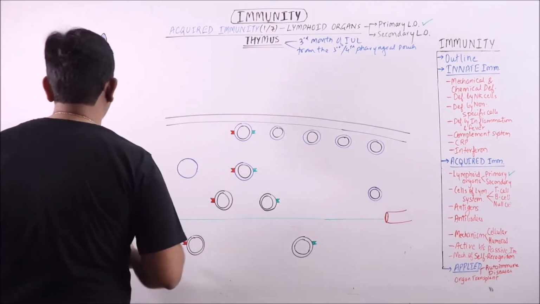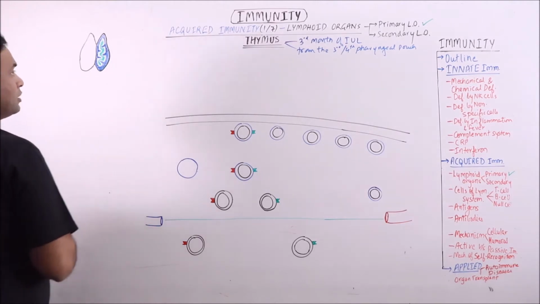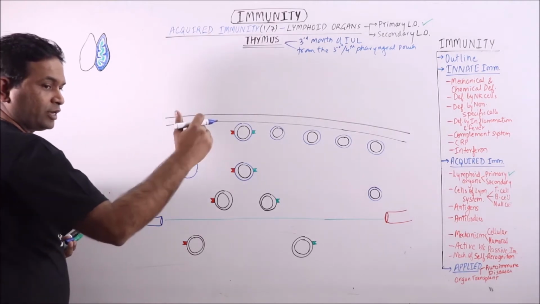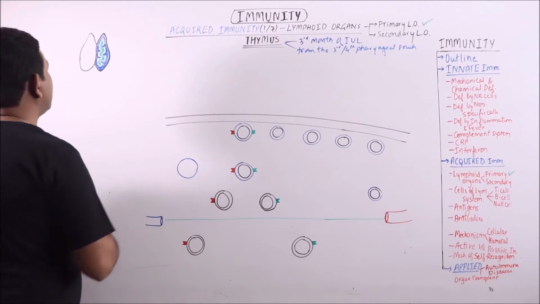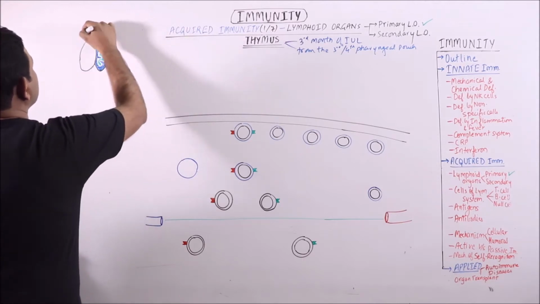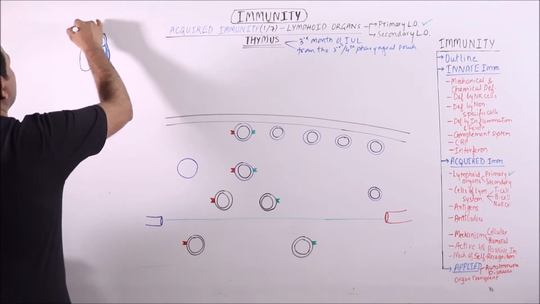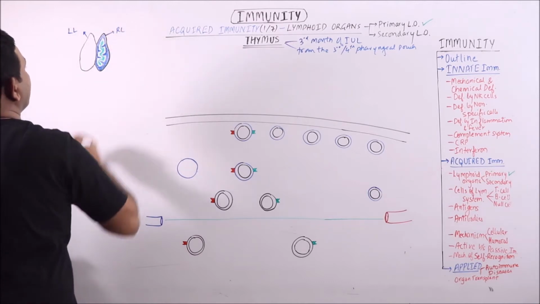Now, this is the structure of thymus. Thymus is bilobed in human and is located anterosuperiorly to heart just beneath the sternum. These are the two lobes. This one is left lobe and this one is right lobe.